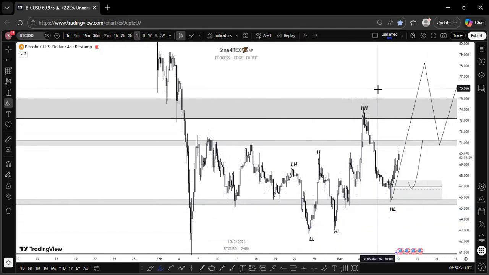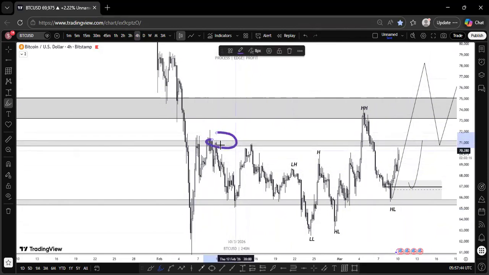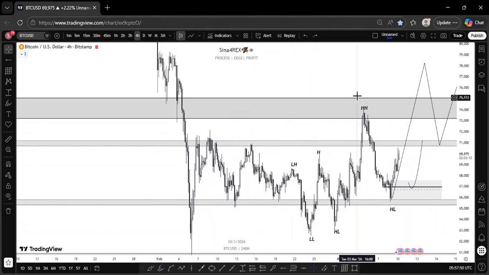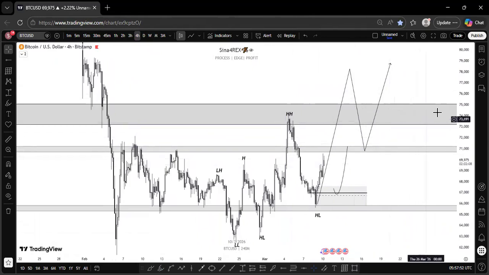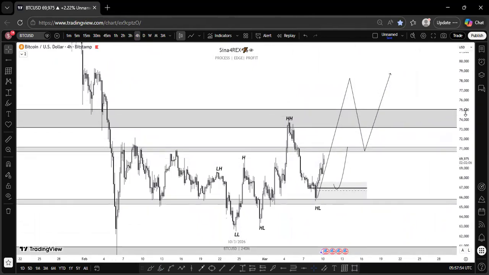So if price is able to break above this higher high, which falls within monthly resistance zone, once price is able to break above it, I would expect price to come back and test this resistance area to give me strong confirmation that yes, we are now on a full swing to our new all-time high that is possibly to be created on BTC USD from the coming months ahead of us.